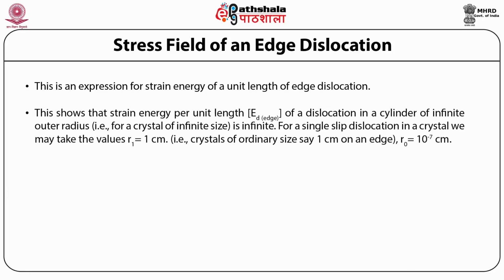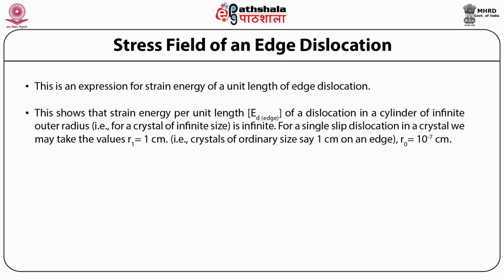This shows that strain energy per unit length, that is E D, corresponding to an edge dislocation in a cylinder of infinite outer radius, that is for a crystal of infinite size, is infinite.